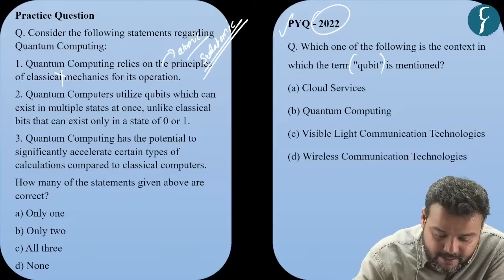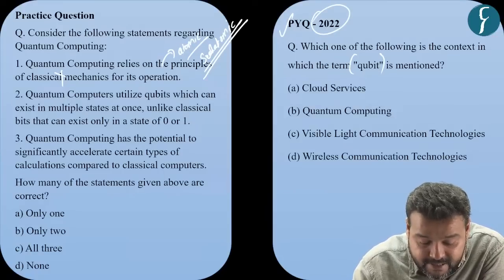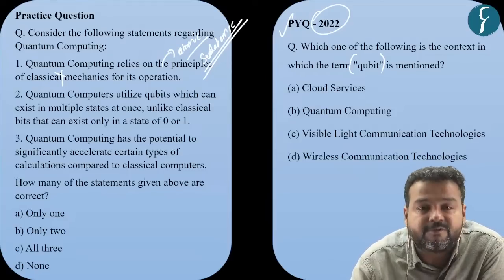Fine. The second statement says quantum computers utilize qubits which can exist in multiple states at once, unlike classical bits that can exist only in a state of 0 or 1.